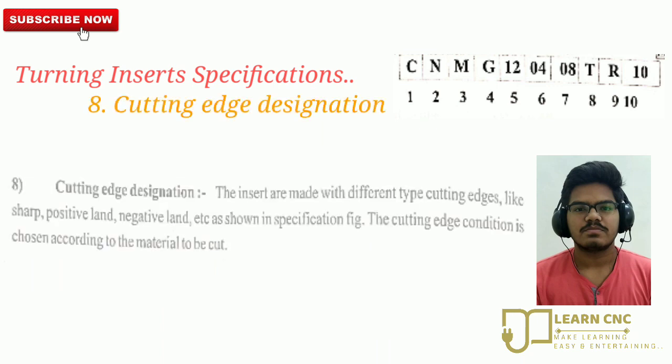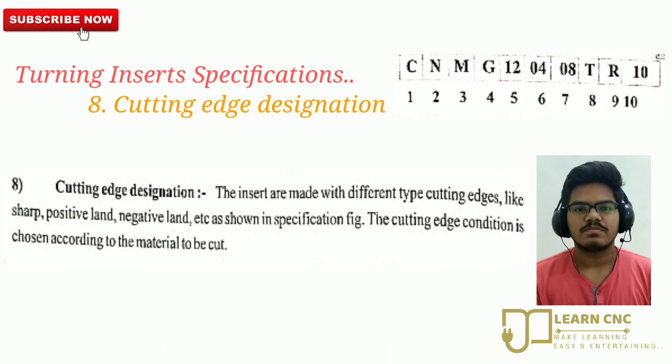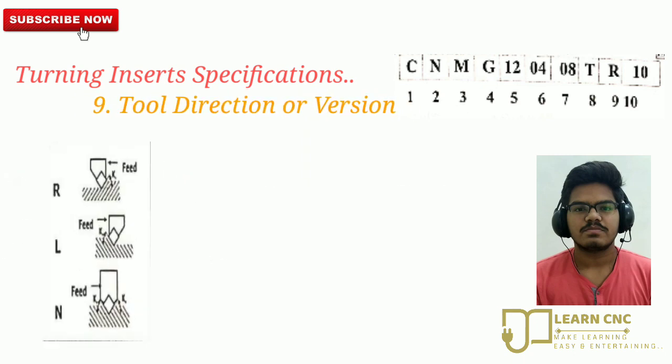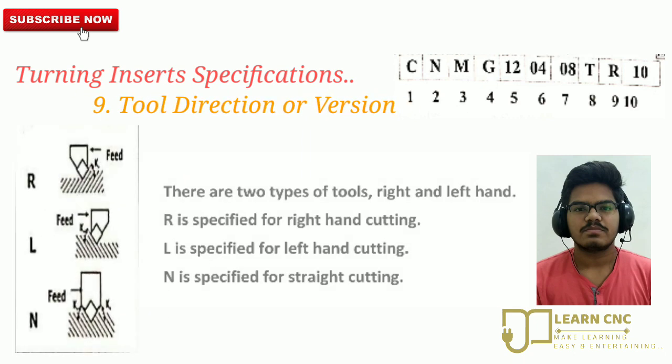Eighth is cutting edge designation. The inserts are made with different types of cutting edges like sharp, positive land, negative land, etc. These cutting edge conditions are chosen according to the material to be cut. Ninth is tool direction or version. There are two types of tools, right hand and left hand.